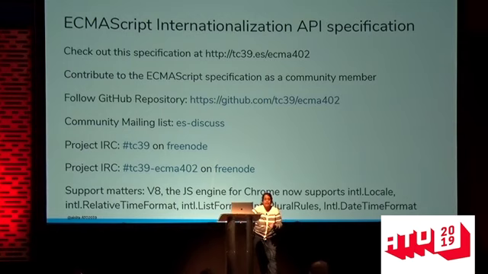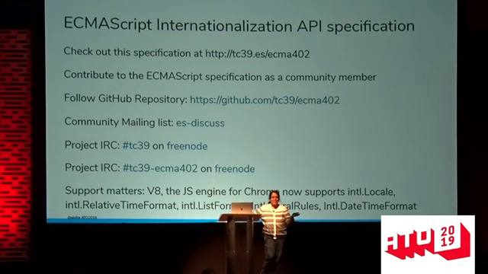So V8, which is the JavaScript engine that is used for Chrome and Chromium, now supports Intl locale, which is really where many of these features that were, for example, added to GlobalizeJS at a point when Intl.js did not have that implementation, have traveled from GlobalizeJS, gone into the standard, and then shown up in the browsers.